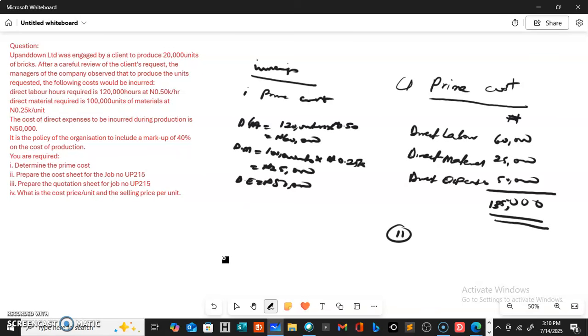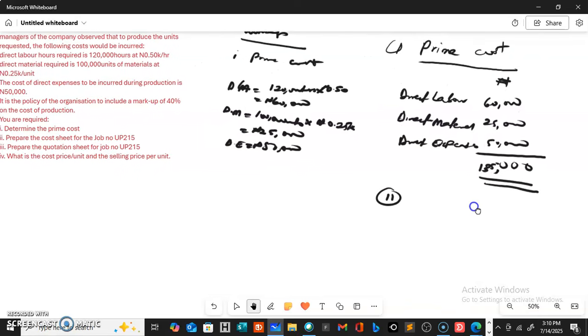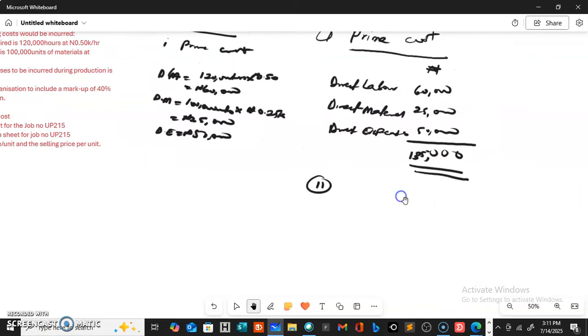So we go ahead and say the cost sheet, Up and Down Limited cost sheet. We do not have overhead cost.